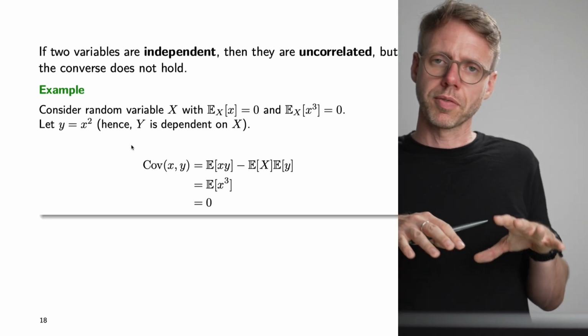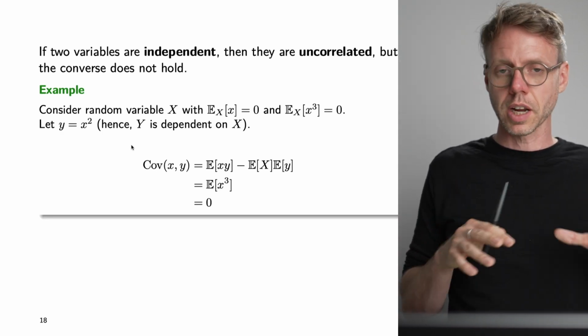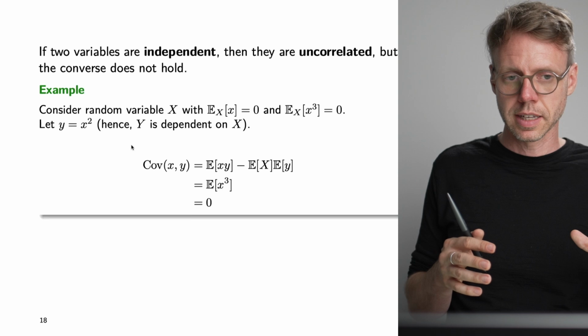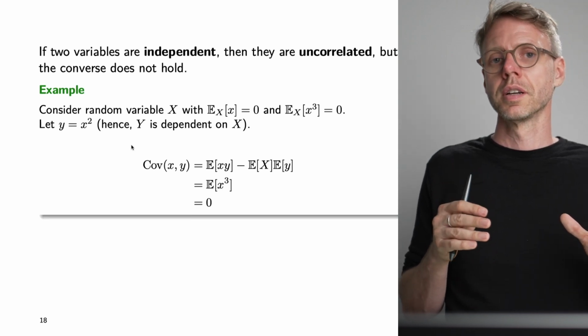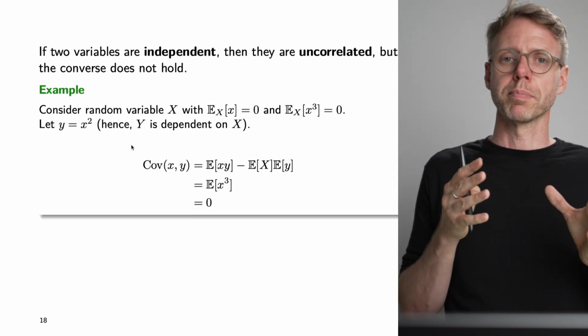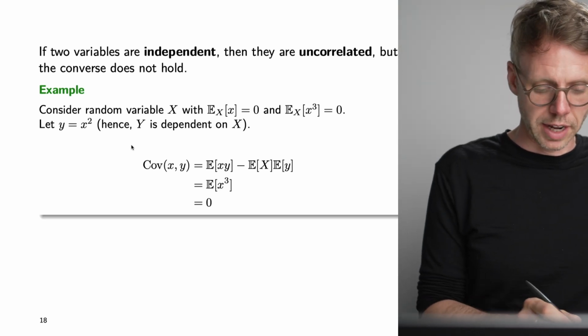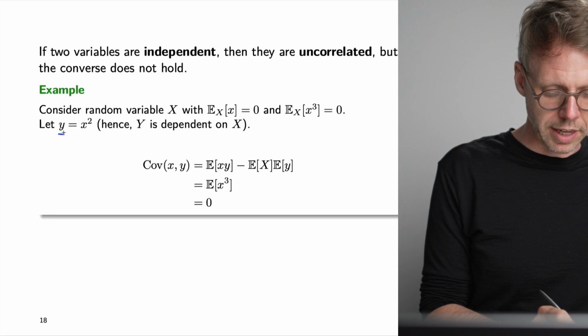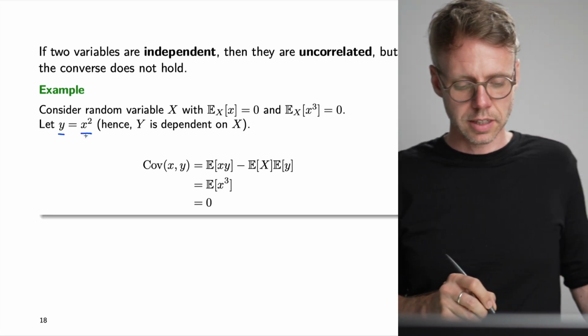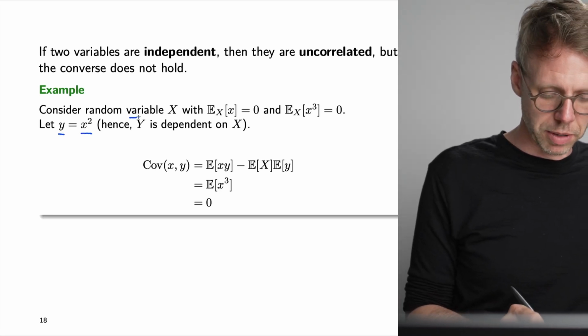Another example is the following. So we construct now two variables x and y that by definition are dependent on each other by defining y equals x squared. So we have a random variable x.